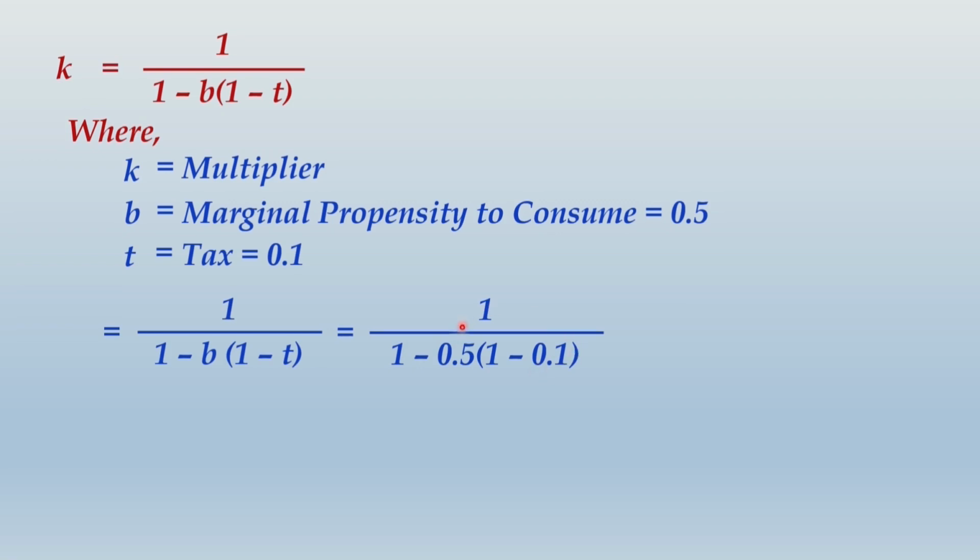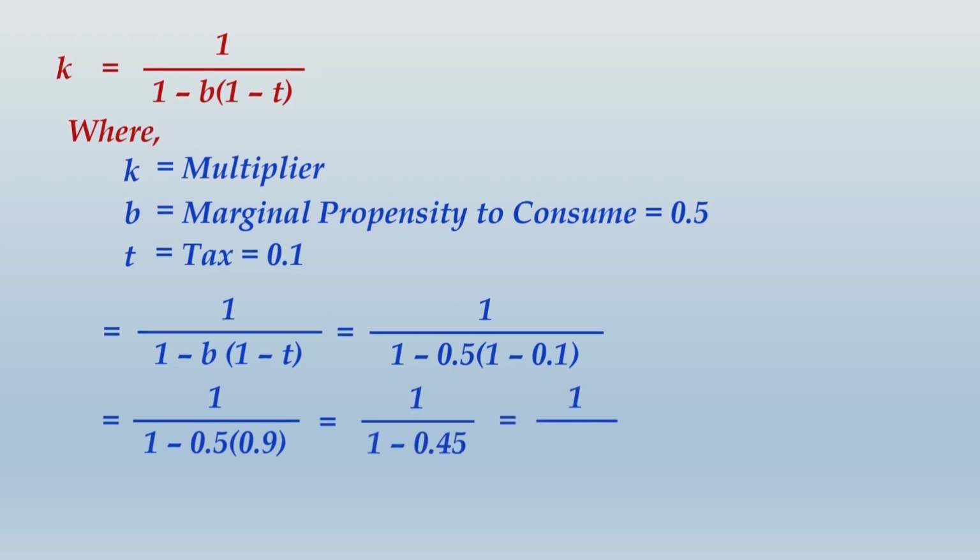That 0.9 should be multiplied to 0.5 with a negative sign, which will give you negative 0.45, and then from 1 you deduct 0.45 to get the value of the denominator. This is what I am trying to tell you. So it will be 1 divided by 1 minus 0.45, and that will be 1 divided by 0.55, and that comes to 1.82 approximately.